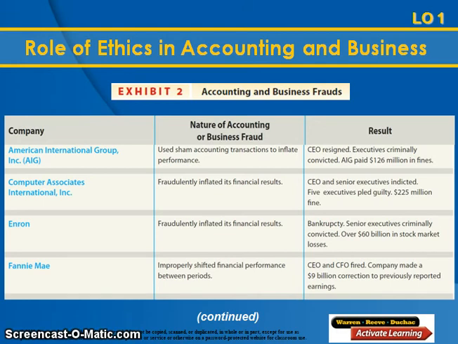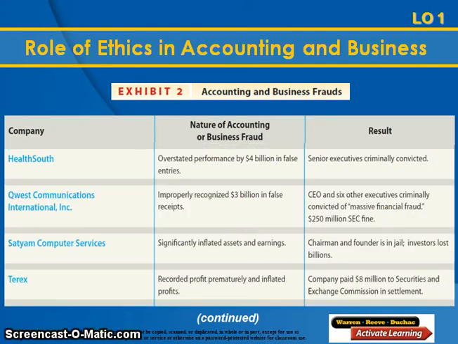Now, there's several of these slides. You can read through them as you like, but really you can see how, when accounting goes wrong, how tremendous the impact is. You're talking about criminal charges, you're talking about multi-million, sometimes billion-dollar fines, and you're talking about the loss in trust of accountants as a whole.